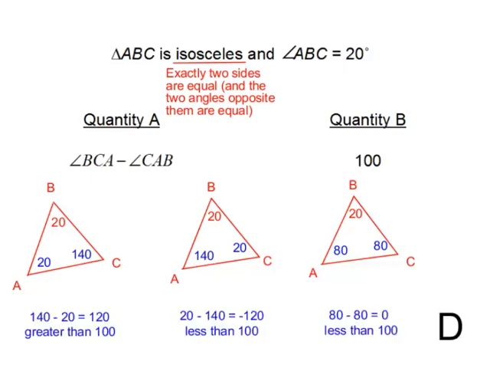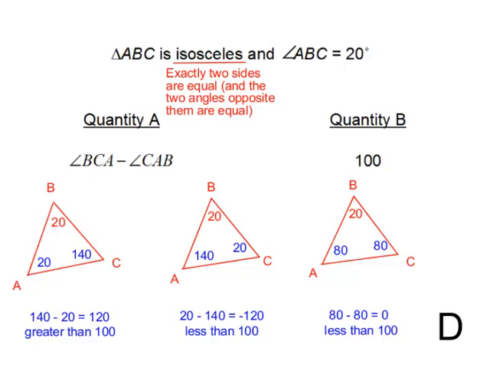And all of those are going to lead to different values for quantity A. The way to read that is the angle that points at C minus the angle whose point is at A. So 3 different numbers. This answer is D because one of them is greater than 100, and 2 are less than 100. So the relationship could go either way here.